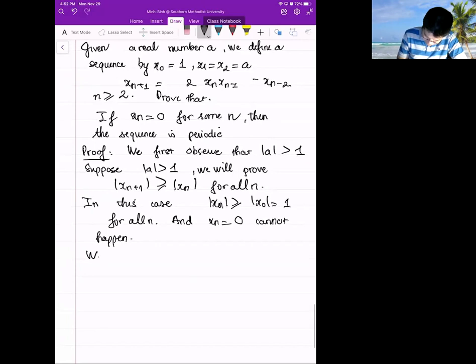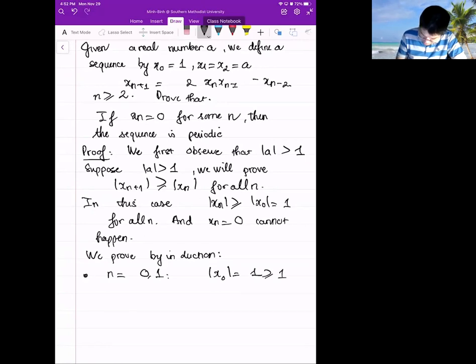So first, for n equal to 0 and 1, we know that x0 is 1.